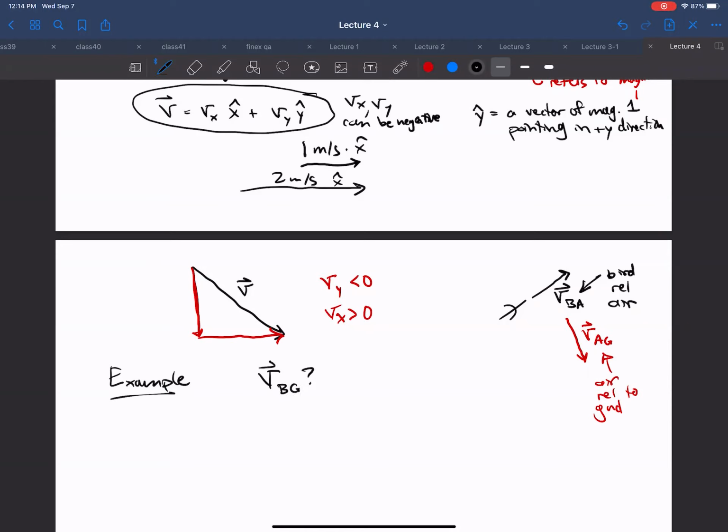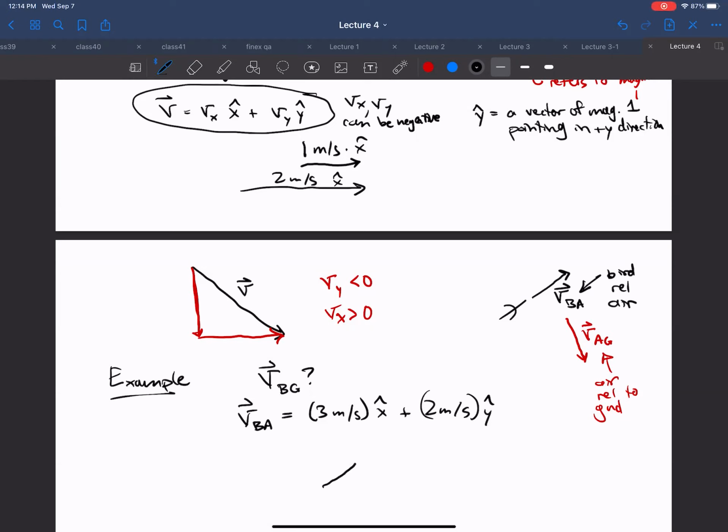So it's the same problem really as what we did with the ship on the ocean, but now we're going to have numbers. So let's say that VBA is equal to, maybe, 3 meters per second times x hat plus 2 meters per second times y hat.